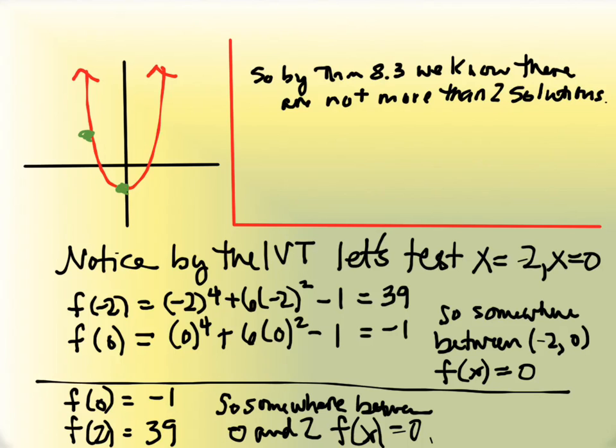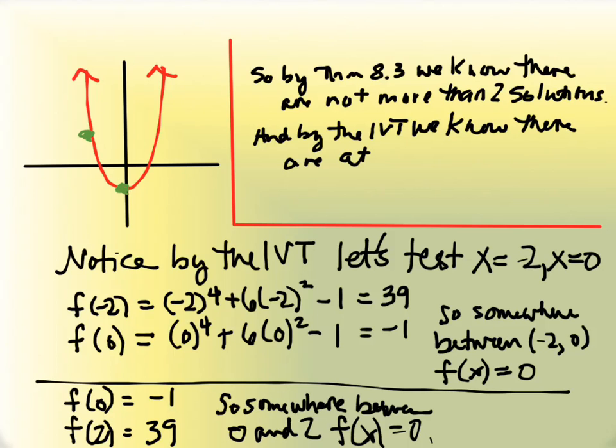Okay? And by the intermediate value theorem, we know there are at least 2 solutions, because we saw that, right? That's the work that's on the bottom of this particular screen right now. So if you can't have more than 2, and you must have at least 2, how many solutions do you have? 2, right?